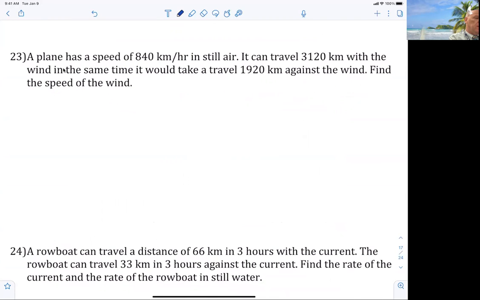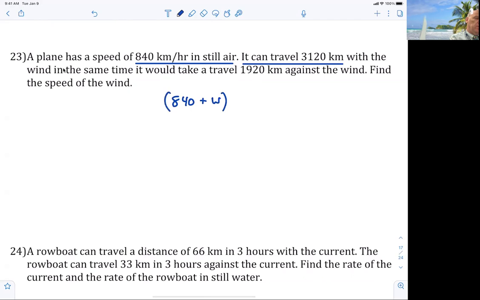Okay, so now they're telling me the speed of the plane, right? They're also asking, or kind of confused. So it can travel 3,120 kilometers with the wind, right? So 840 is my rate plus the wind.